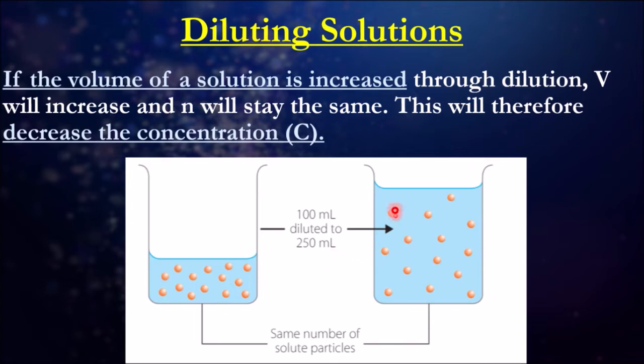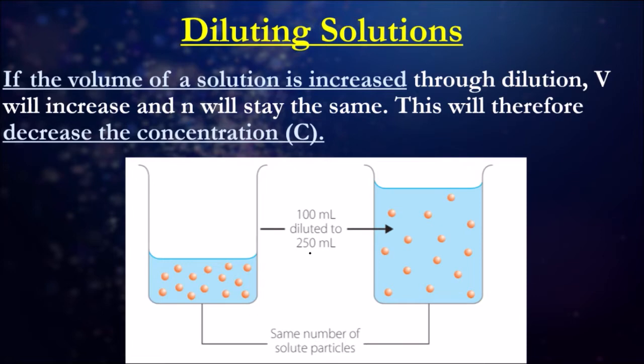Okay, you can see the volume has increased. However, the number of moles or the number of particles has remained the same. So what we know is when diluting solutions, an increase in volume leads to a decrease in concentration because the number of particles remains the same.